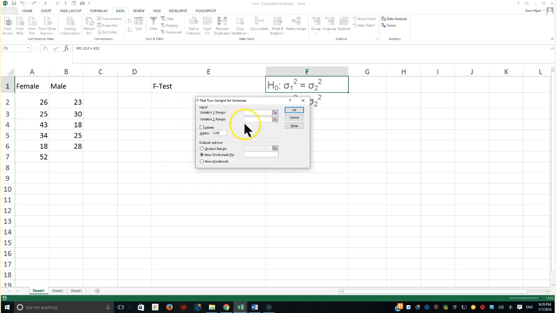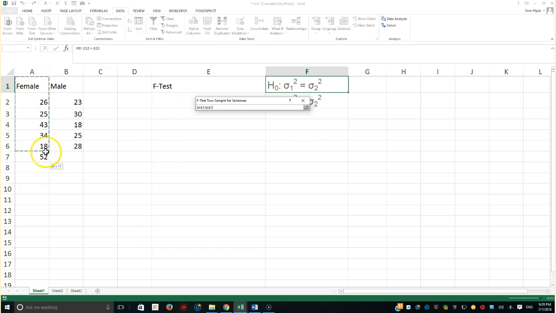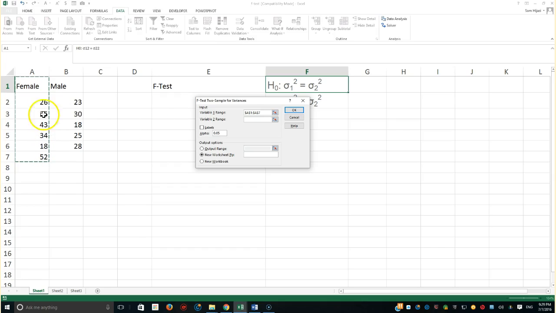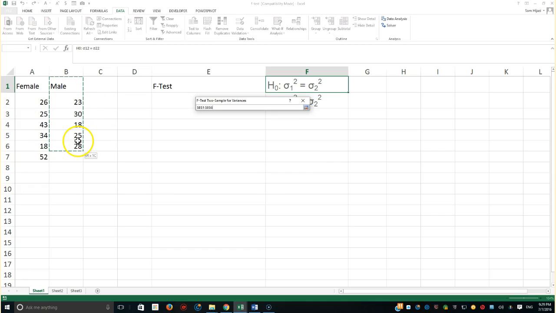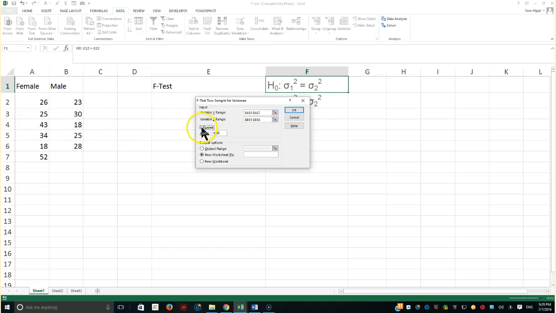It asks me for the range for the first variable, so we include the female, the number of hours they study every week. That's six observations for female and five for male. Variable 2 is the male, including the label, so I'll check the Labels box. And of course, we'll set the output.